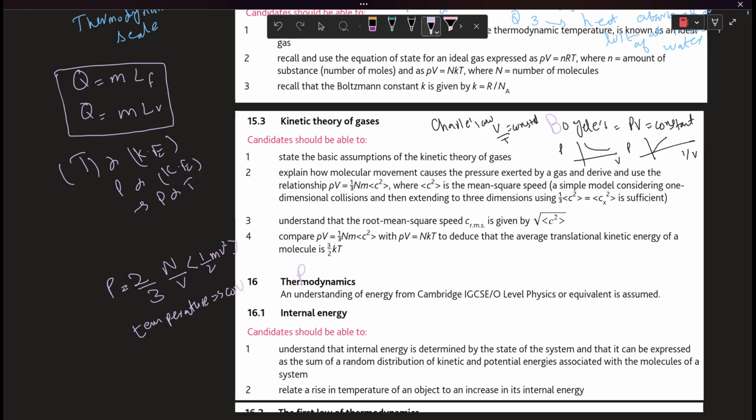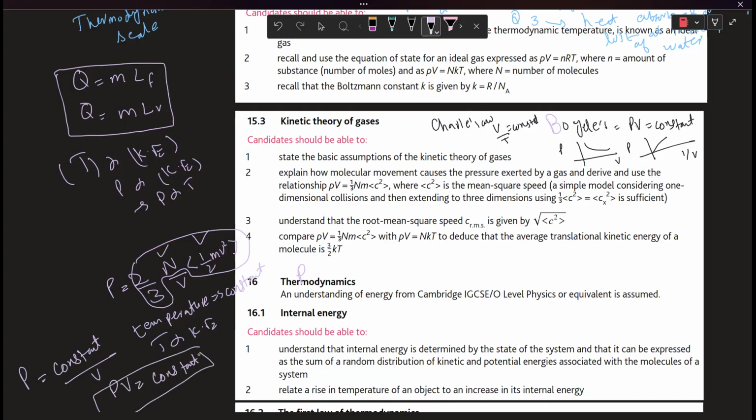Constant. So if temperature is constant, so is kinetic energy. So this factor, and this all is constant. So in place of that, we'll put constant over volume. So hence proven the Boyle's law.